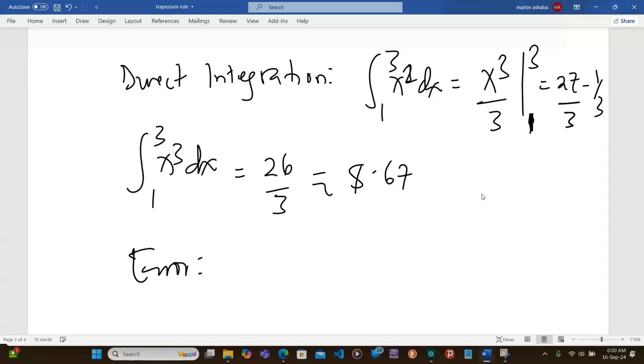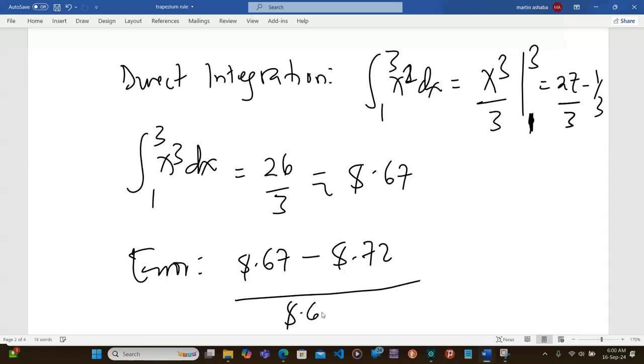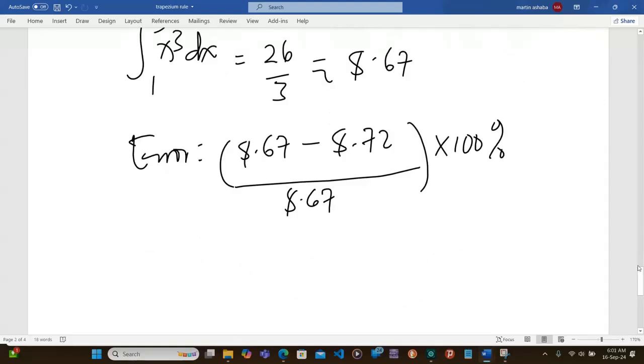So what is the error? The error is 8.72 minus 8.67 divided by 8.67, and we multiply by 100.